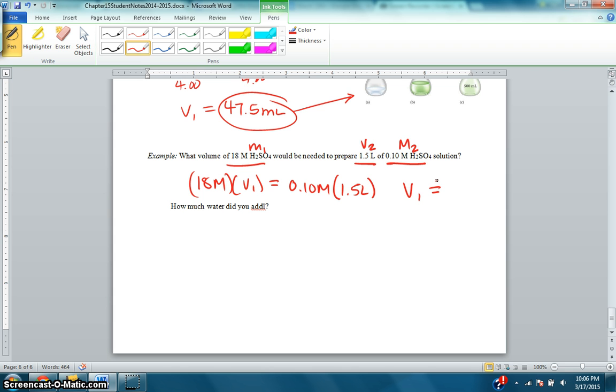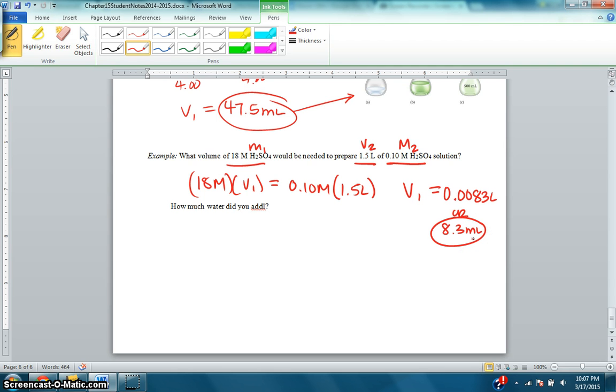So we would do 0.1 times 1.5 and get an answer and divide it by 18. And this gets us to an answer of 0.0083 liters, or we can simply change that to 8.3 milliliters.